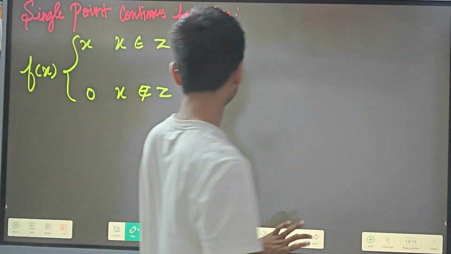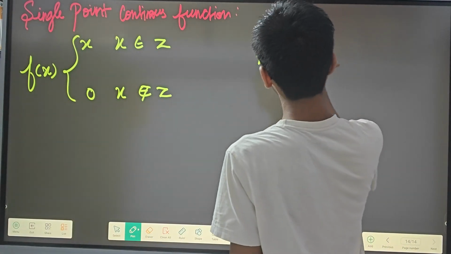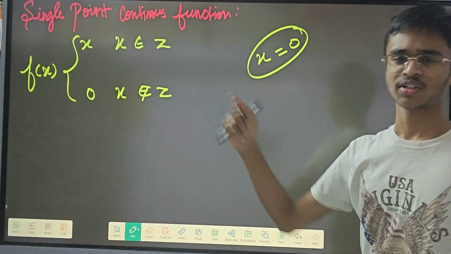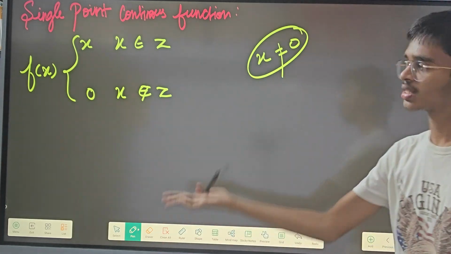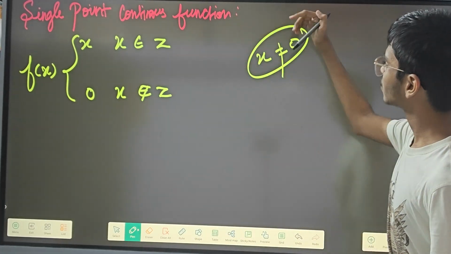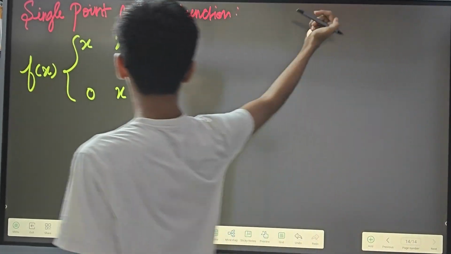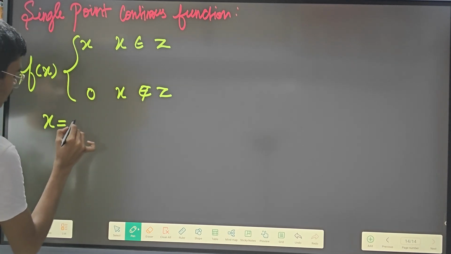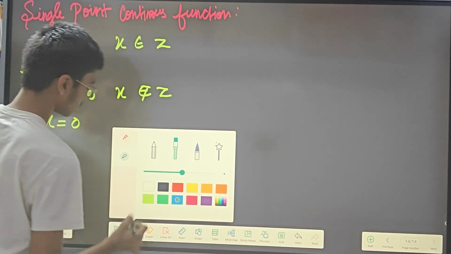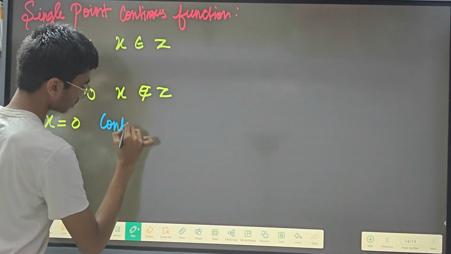In this case, that means x should be equal to 0. If it is equal, then it is continuous. If it is not equal, then it is discontinuous. This is what a single point continuous function is. So here to be continuous, x should be equal to this one, then it will be continuous.